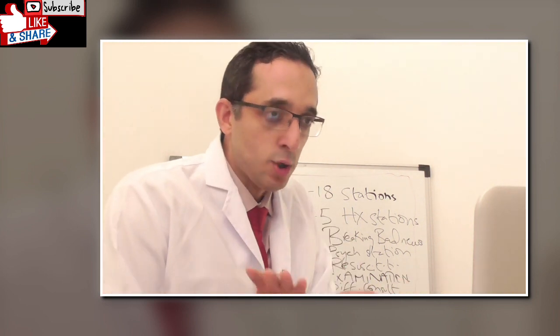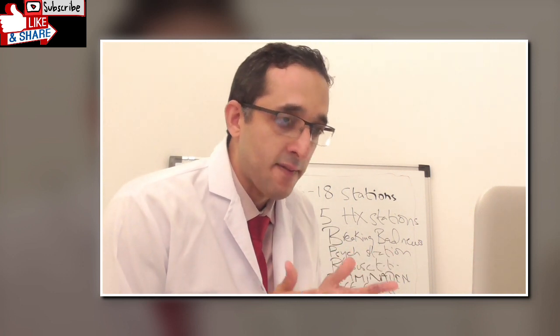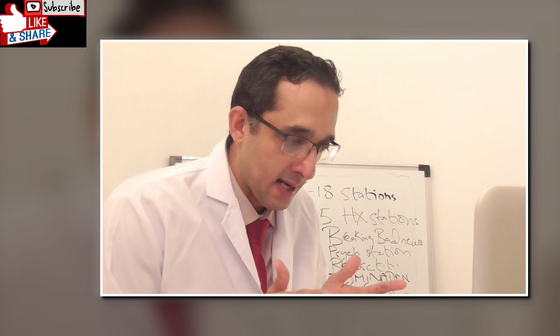So the examiner is there not to fail you, not to pass you. He will be guided only by what you perform in those 5 to 6 minutes, right? So that's what you need to understand. Now, as far as the checklist is concerned, for the pain it just mentions, has the candidate offered analgesia? That's all.